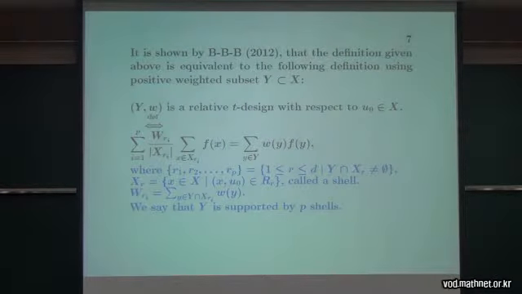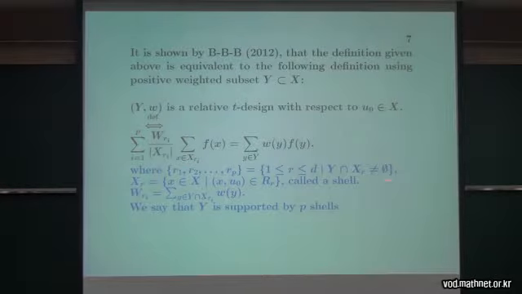Here r1 through rp are the numbers for the shells. We call this X_r a shell, and if Y and X_r intersection is not empty, then we pick up r1 through rp.